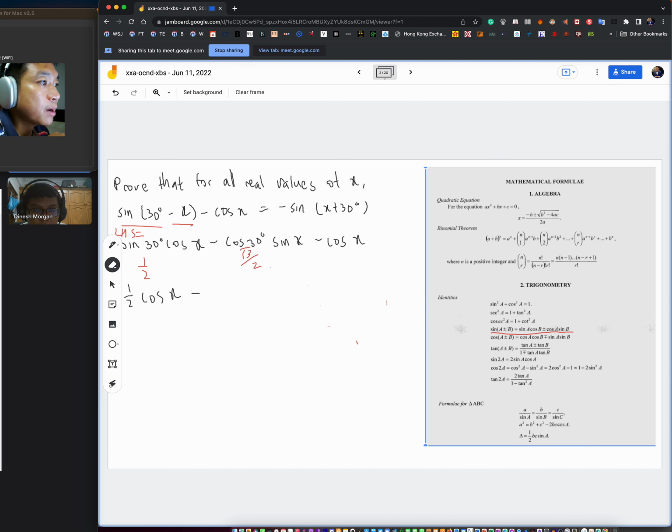You can punch cosine 30 degree into your calculator and see if the value is equal to square root 3 over 2, and have me double check on the spot. And I think you can combine these two together.